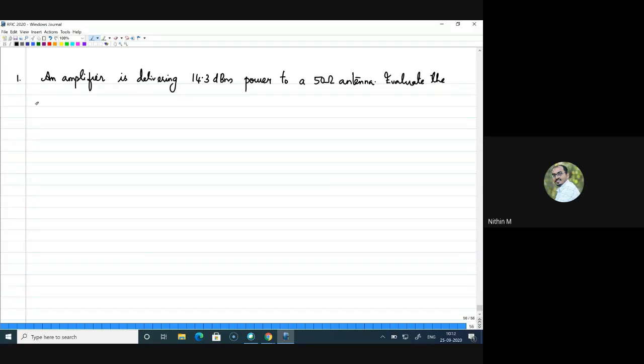Evaluate the peak to peak output swing required of the amplifier. Right. So you can solve and tell me the answers in the chat box.